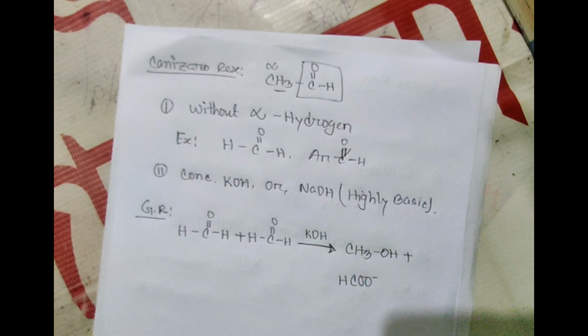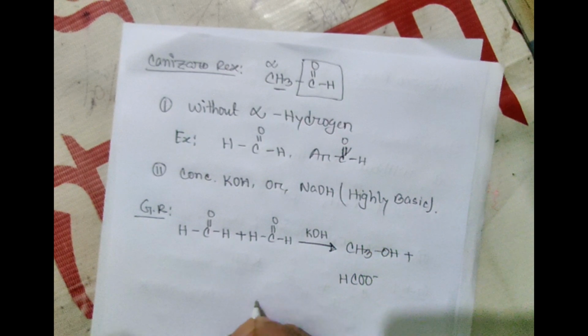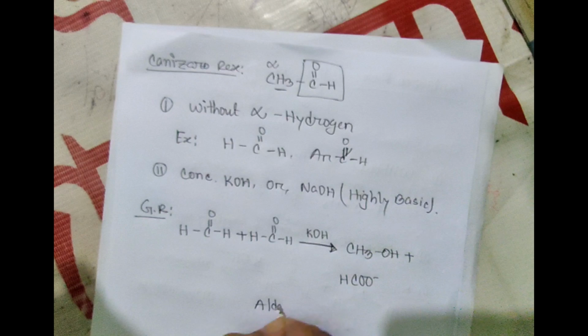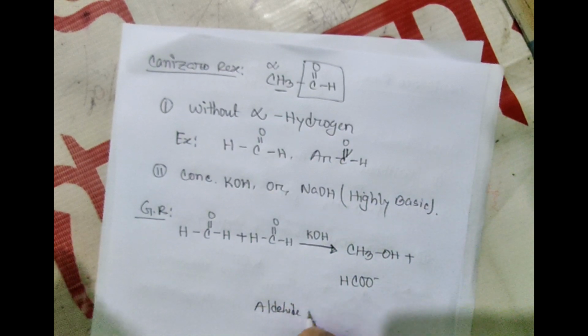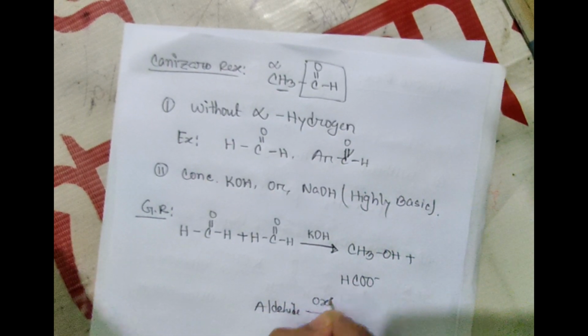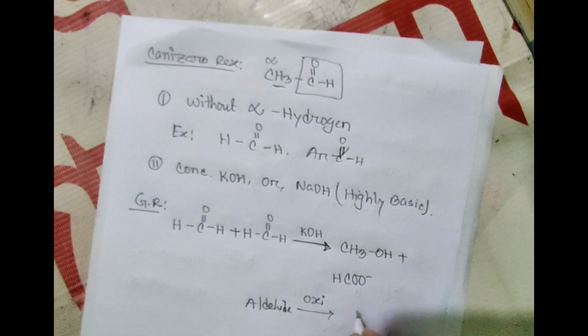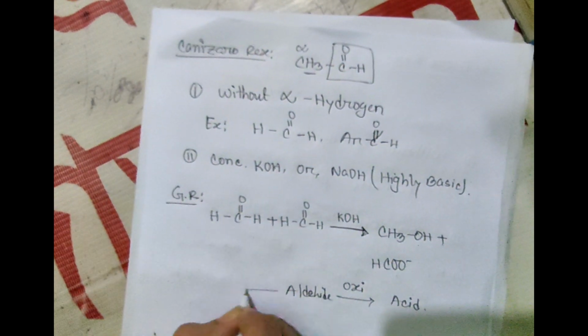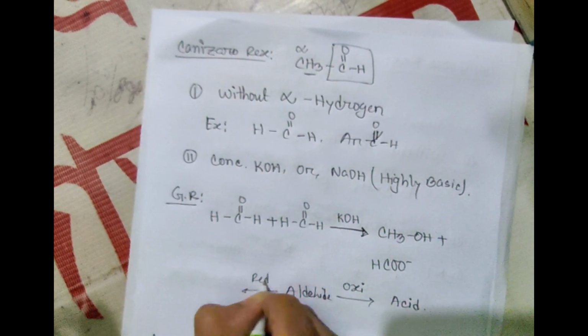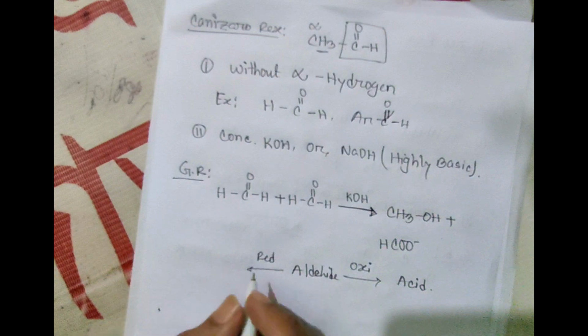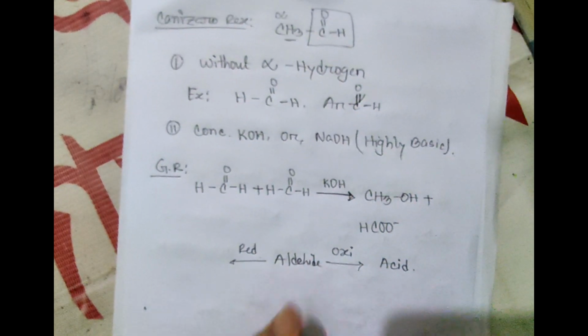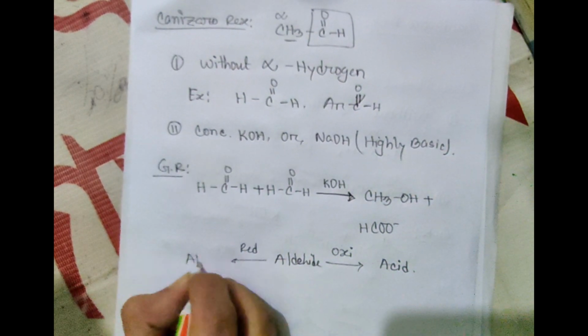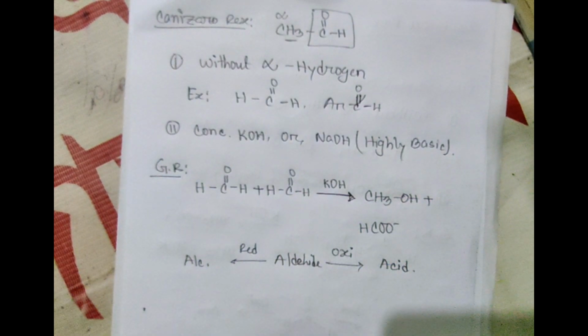As we know, if we oxidize a carbonyl compound, it will make an acid, and if we reduce a carbonyl compound, it will make an alcohol. That means aldehyde oxidation makes a carboxylic acid, and if we reduce, it will form an alcohol.